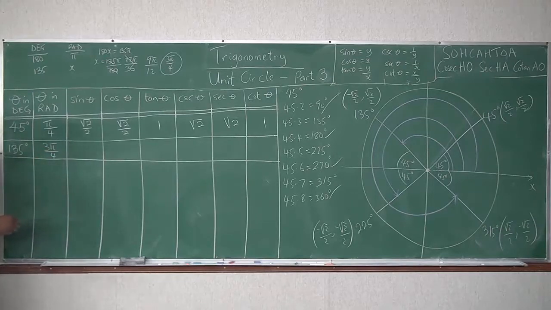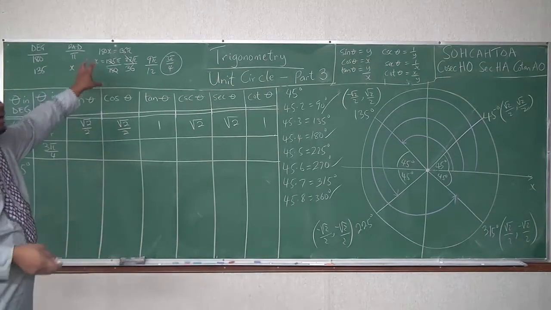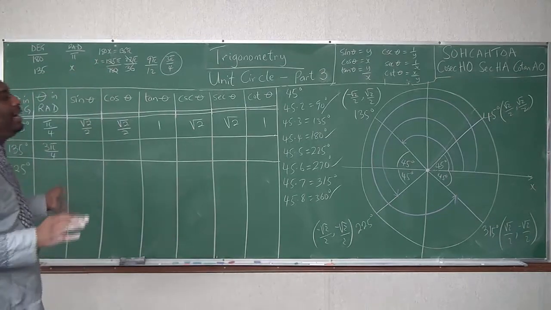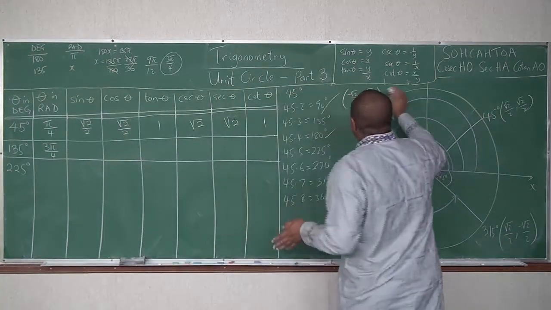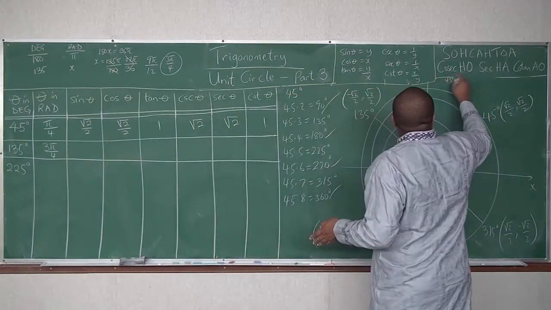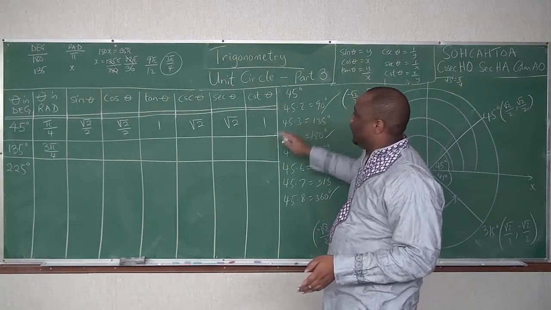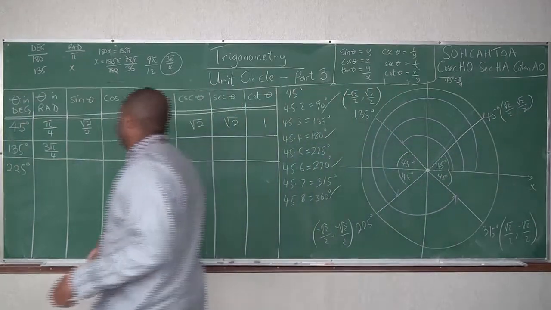And even 225, because if you don't want to do it by conversion like this, you could just do it this way. We know that 45 is pi over 4. So 135 is 3 pi over 4. 225 is what? 5 pi over 4.